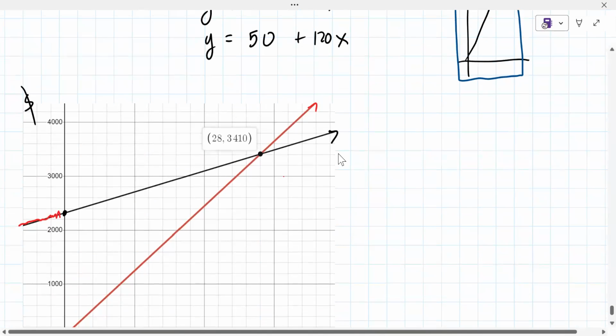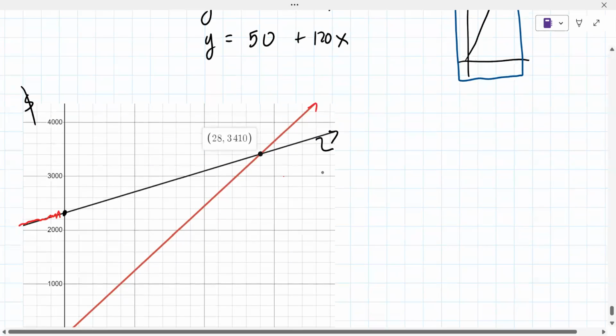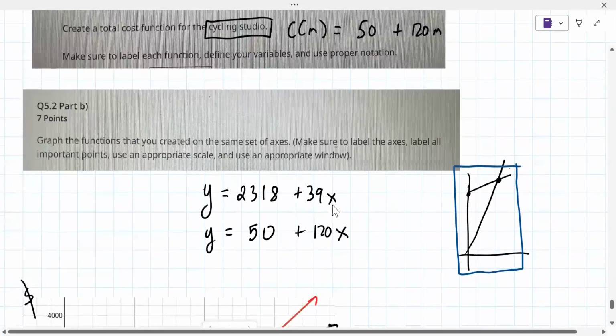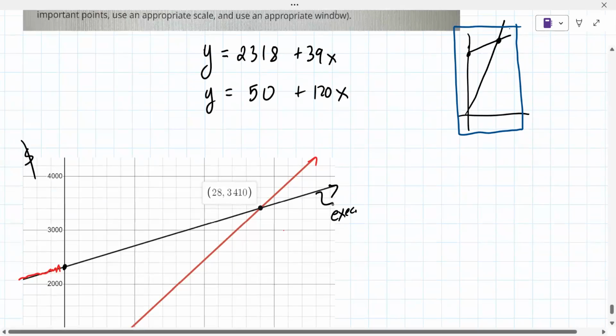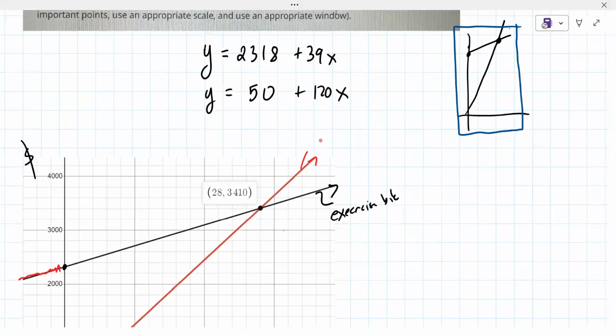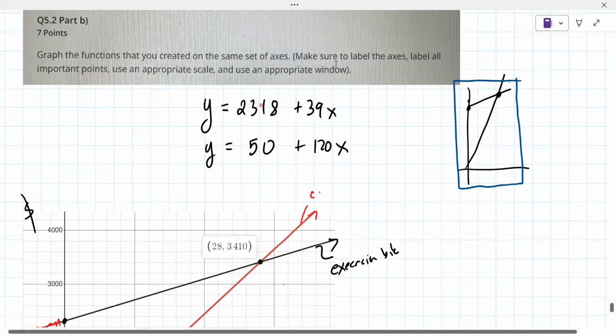You might want to say that this one is the exercise bike and the gym cycling class, well, cycling studio. You do maybe want to label them as well so that you know which one is which.